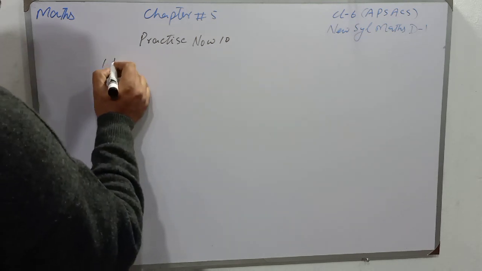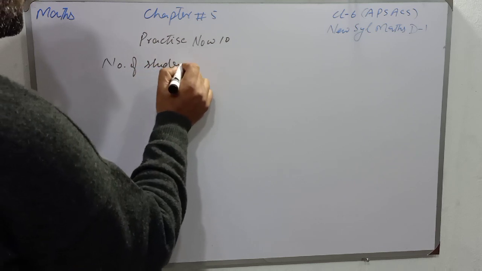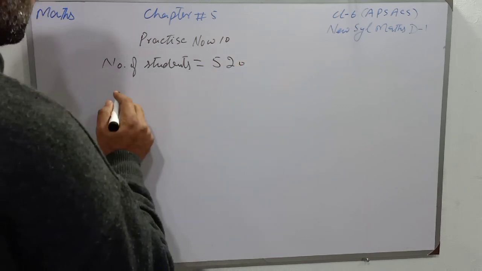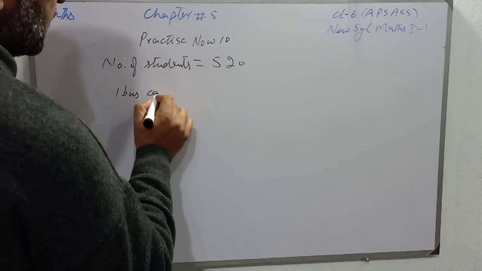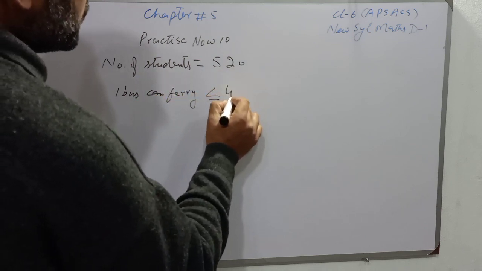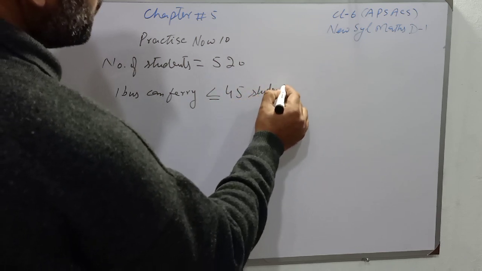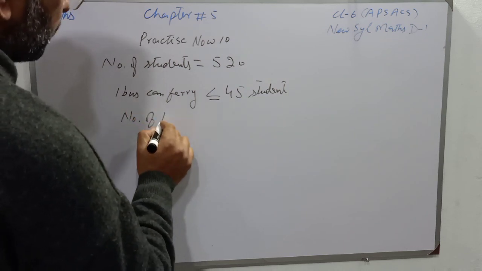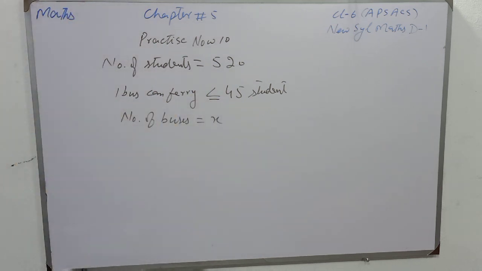So students, we will write that the number of students is 520, and one bus can ferry less than or equal to 45 students. And we have to find the number of buses.